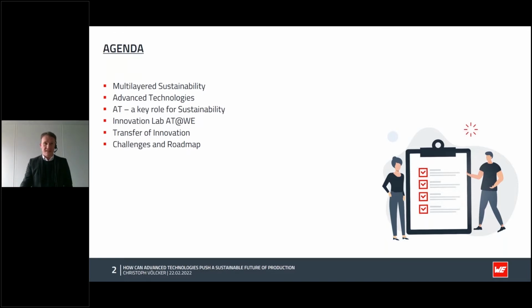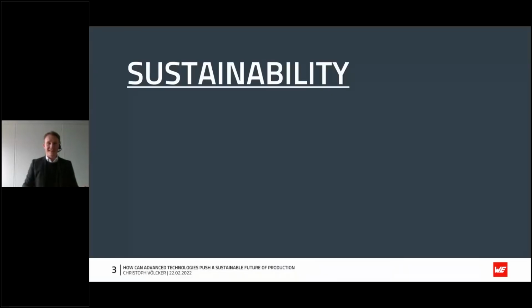Then we want to transfer into Würth Elektronik: how do we do it? I'm team leader for the Innovation Lab of Advanced Technologies, and I want to show you how we work on innovation topics and how we do the transfer, which are the challenges and what is the roadmap to think about. Let's start.